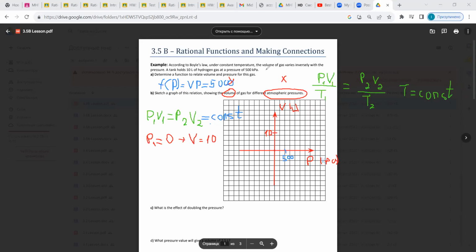Just remember that in order to bring it to pascals, you just need to multiply by 1,000. So this ratio gives us 5,000.